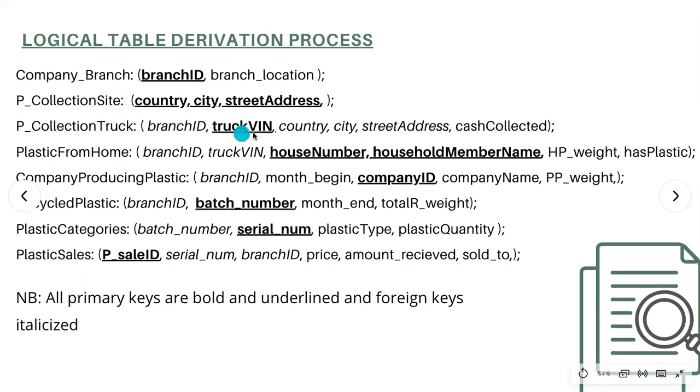Of course, the truck will have a vehicle identification number, and we'll also have foreign keys. Every table will have its own entities, and the primary keys are all bold and underlined, and all foreign keys are italicized. We'll see that properly in the SQL code.